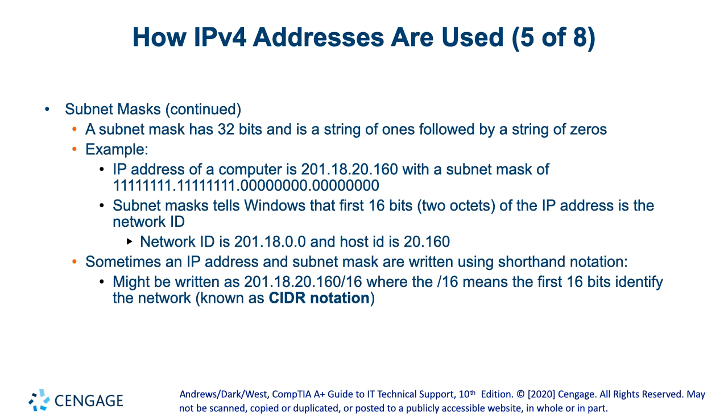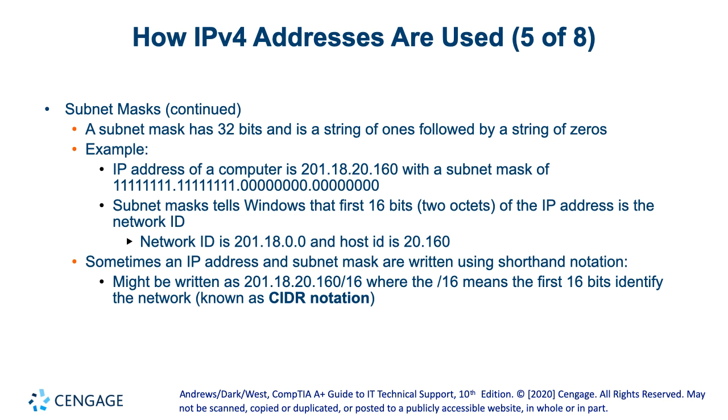But you could have a /25, a /28, a /30. You could have a /18, if you have a different IP. Once again, this 201 is a Class C, and we'll get into that a little later.